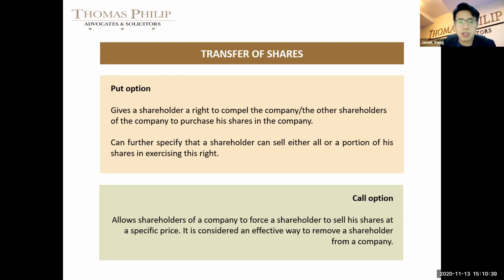But what it actually means is that one of the shareholders gets the right to say, I force you to buy my shares. Okay, and the remaining shareholder will have to purchase those shares. Now, a call option is similar, but it's an inverse. It's a mirror of the put option. A call option means one of the shareholders will say, I now want to buy your shares, and the remaining shareholders have to sell their shares to them.